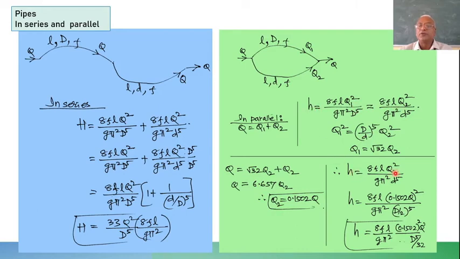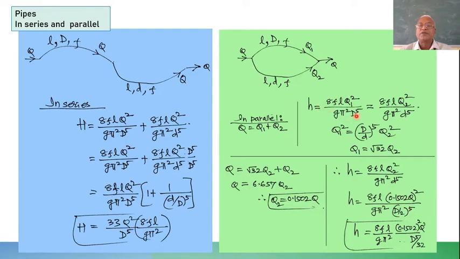Now h is equal to this expression I've used, 8 f L Q2 squared divided by g pi squared d raised to 5. Okay, now if I substitute for Q2 as 0.1502 Q, it will be like that, right? So divided by g pi squared, but this d raised to 5, this d is nothing but D by 2, I'll put it as D by 2 raised to 5.